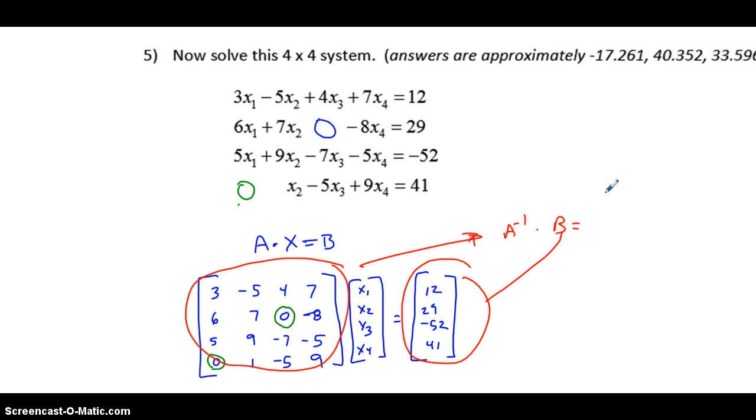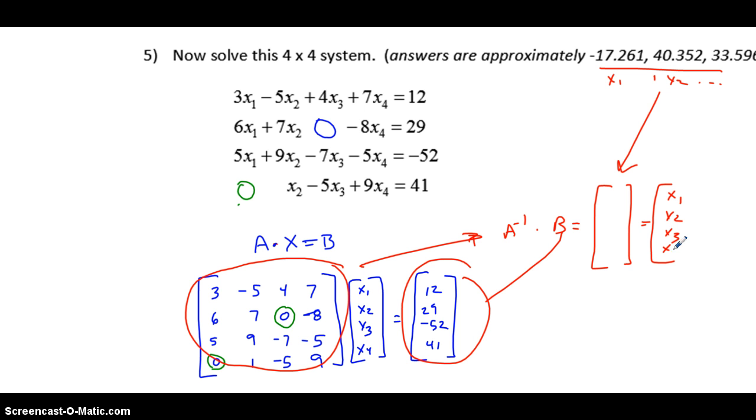And that'll give you a 4 by 1 matrix which has these values in it, the corresponding values, x1, x2, etc. And again, the way you put this in your calculator is you would enter a 4 by 4 matrix and raise it to the -1 power to get the inverse, and then multiply it by this matrix here, and then we're left with that variable matrix, which would be x1, x2, x3, and x4.